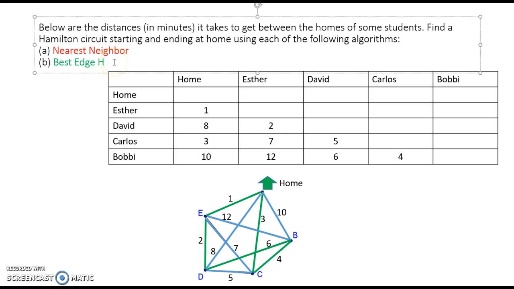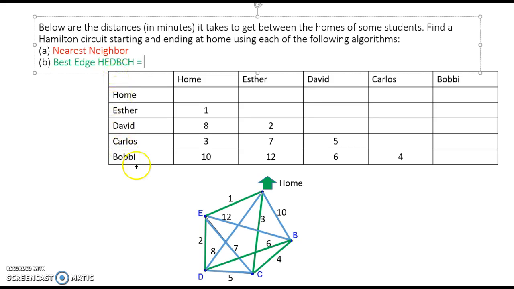Does not matter at all. It's going to be the same total distance. For anything that we're doing here, it's not going to matter. So let's just go E. And then we're just following the path around, following the green path. So we'd go D, B, C, and back home.